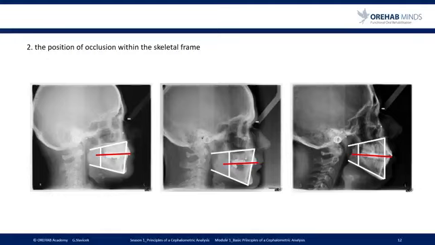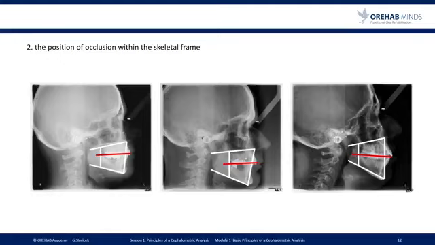So, simplified, we use the occlusal plane as a parameter to understand the relationship of this occlusion within the skeletal structures. And we can already see the principle of the stomatognathic system of a human being. Occlusion is quite constantly placed within these two jaws.